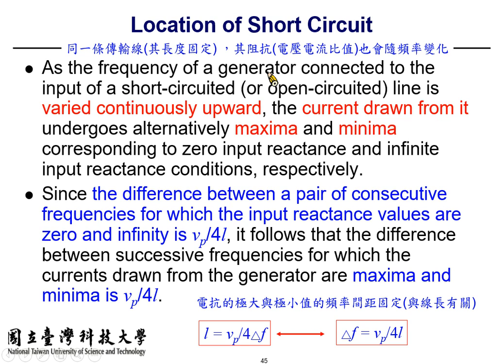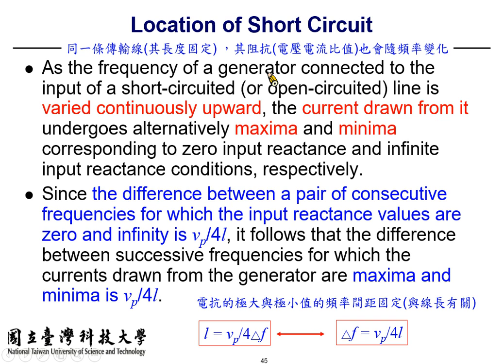Why? Because the input impedance observed by the generator will vary between 0 and infinity as you change the frequency. So at a certain frequency, you will draw maximum current.